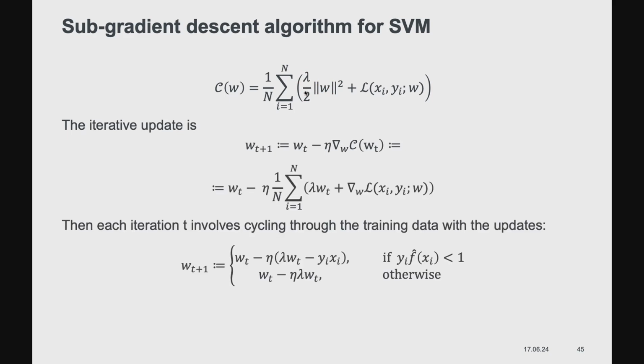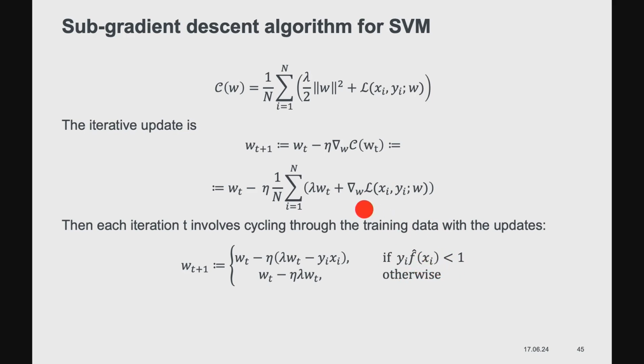So overall then, the iterative update is the old weights minus the learning rate times this gradient. The gradient consists of lambda wt, this is just this part derived, plus this other subgradient that we just looked into, which is based on a distinction.